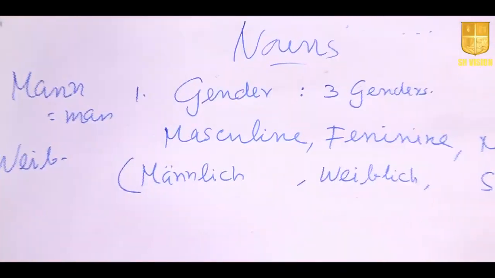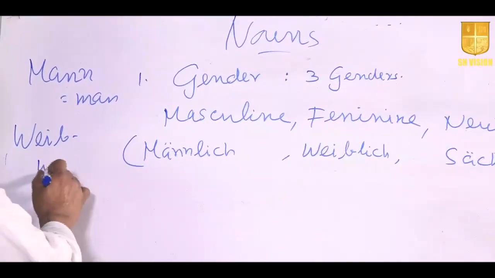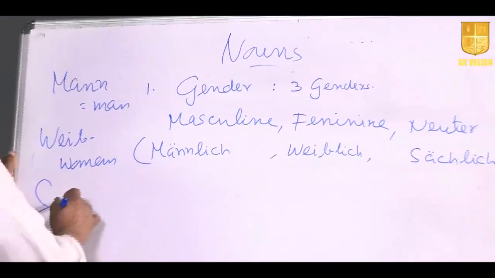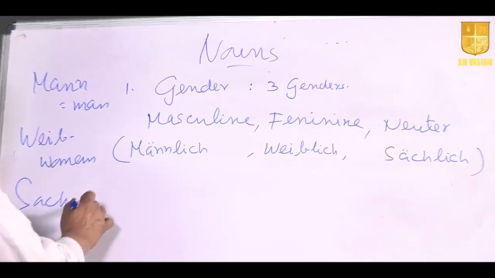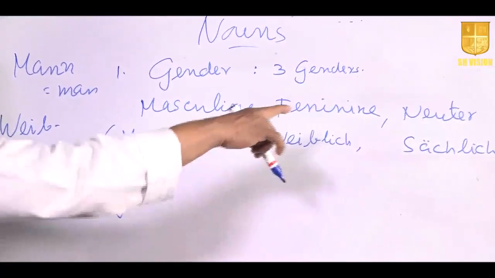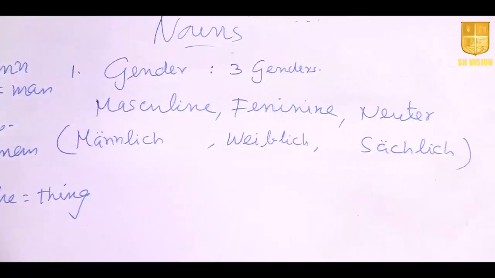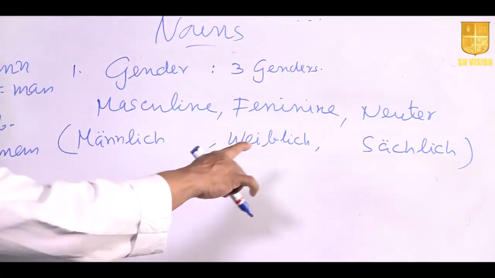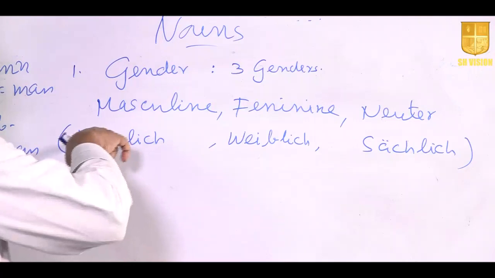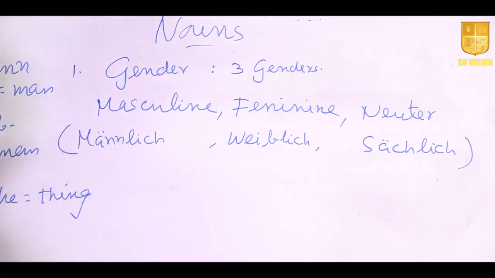Incidentally, Weib is neutral. Sache is thing. So sächlich, this is Sache, but there is an umlaut on the A. Also here an umlaut on the A. So these are the three genders, masculine, feminine, and neutral.